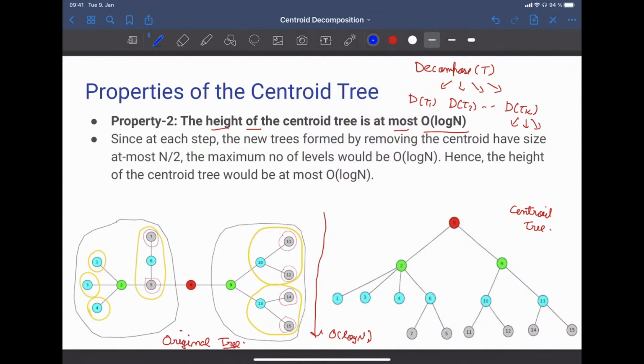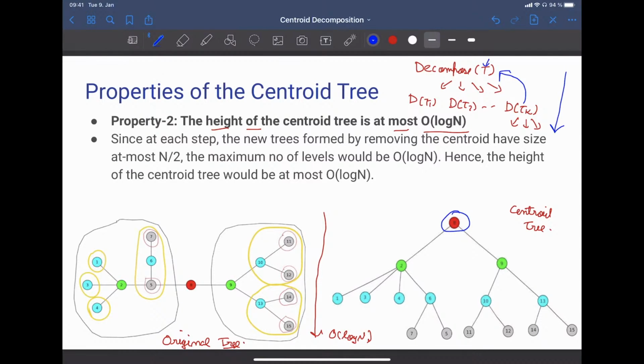The height of the centroid tree is the depth of how many times you call decompose. The depth of this recursion is the height of the centroid tree. Because every time you call decompose, you create a new tree and attach it to the centroid of the parent tree, basically. So if the given tree is T, you find the centroid.